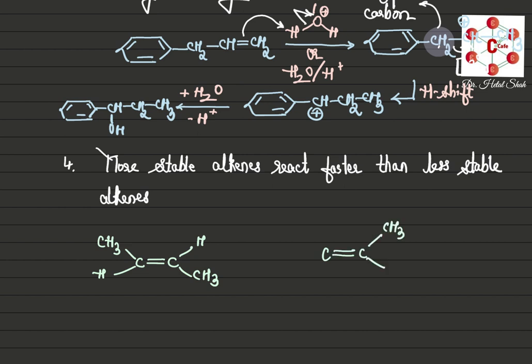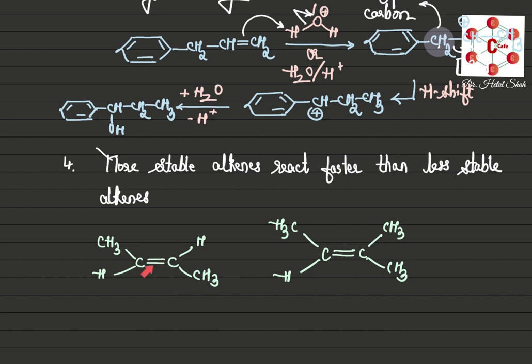And you have to tell me, how do we decide the stability? By hyperconjugation. Okay, hyperconjugation is because of alpha hydrogens. It is because of what? Alpha hydrogens.